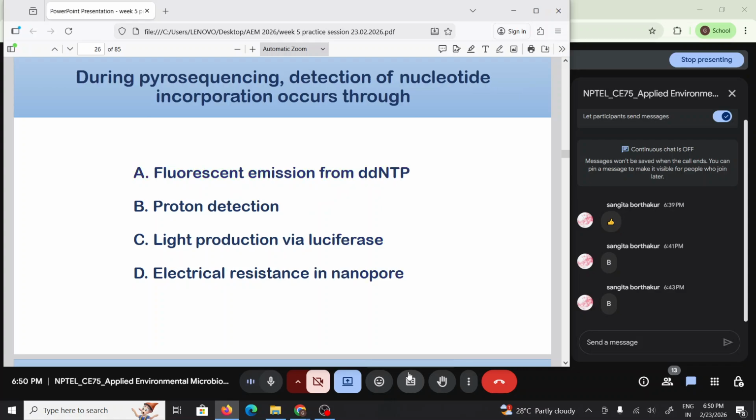The next question is: during pyrosequencing, detection of nucleotide incorporation occurs through which of the following? We have seen about Sanger sequencing, next generation sequencing, Ion Torrent semiconductor sequencing, and now we have pyrosequencing.